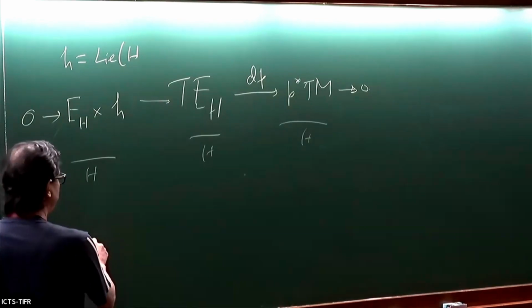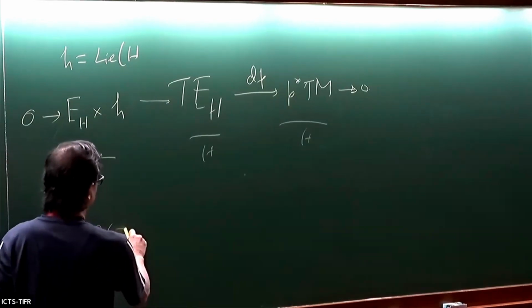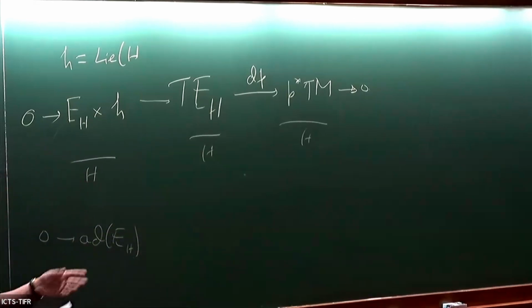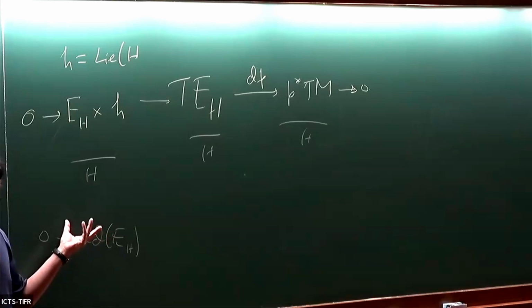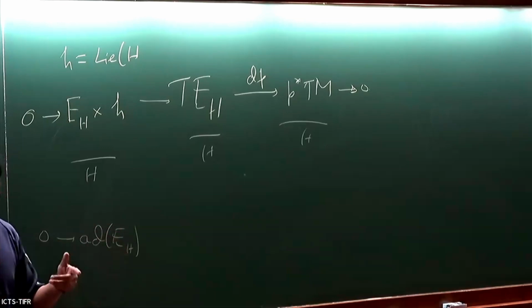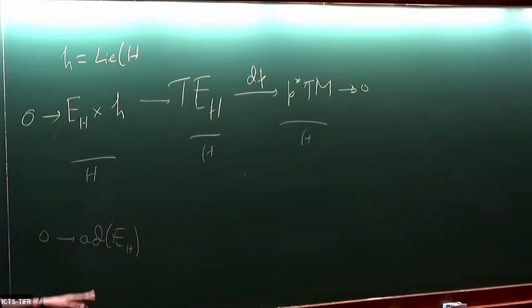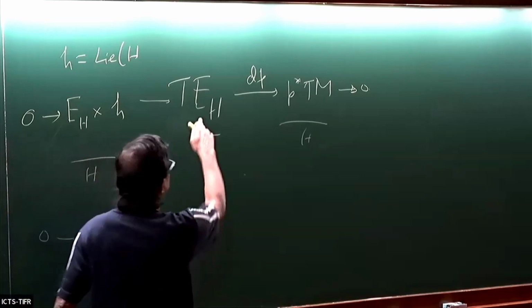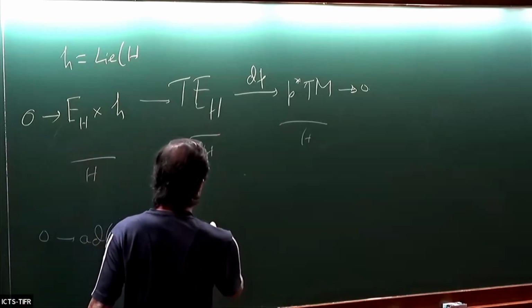It's more or less the definition of the adjoint bundle. An alternative description is that it is the bundle associated to E_H for the adjoint action of H on its Lie algebra, the vector bundle on it. This quotient is called the Atiyah bundle.